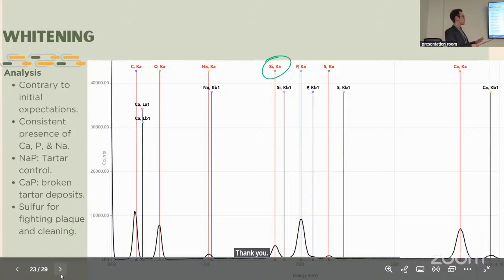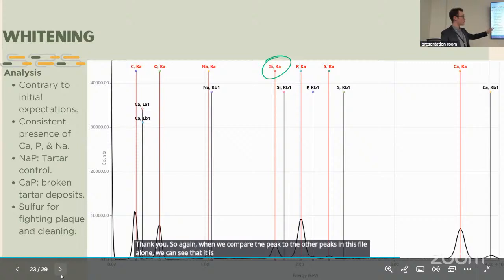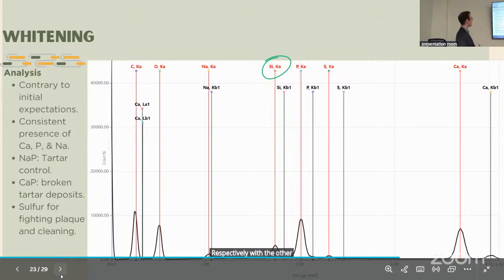When we compare the peak to the other peaks in this file alone, we can see that it is a reasonably high concentration, except not quite as high as the readings in the charcoal sample. The peak in the charcoal sample was very similar to the other peaks, like carbon or oxygen, for example.